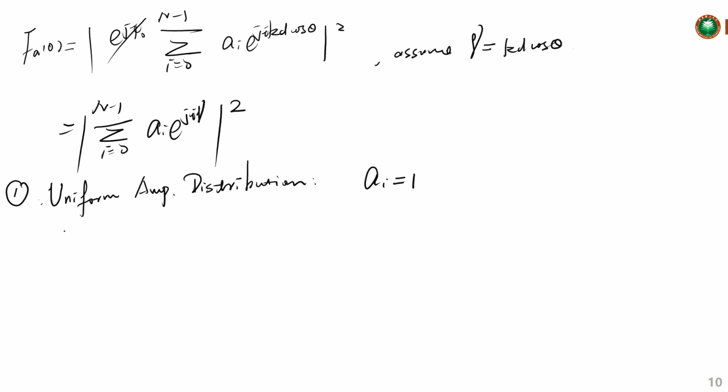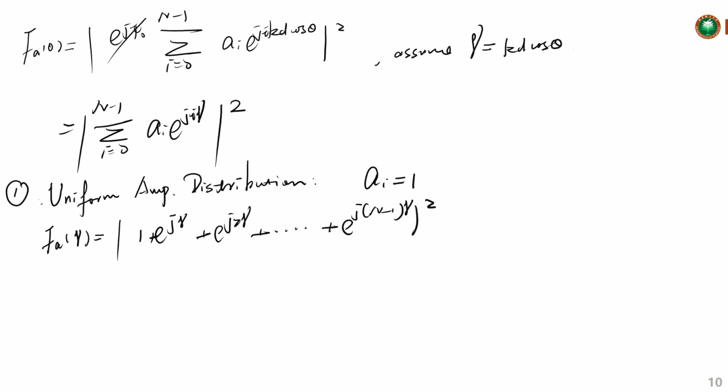So the array factor F_A(gamma) equals, with a_i equals 1, when i equals 0 it equals 1. When i equals 1 it is e^(j gamma). When i equals 2, e^(j2 gamma), right? Up to e^(j(n minus 1) gamma), square, right?